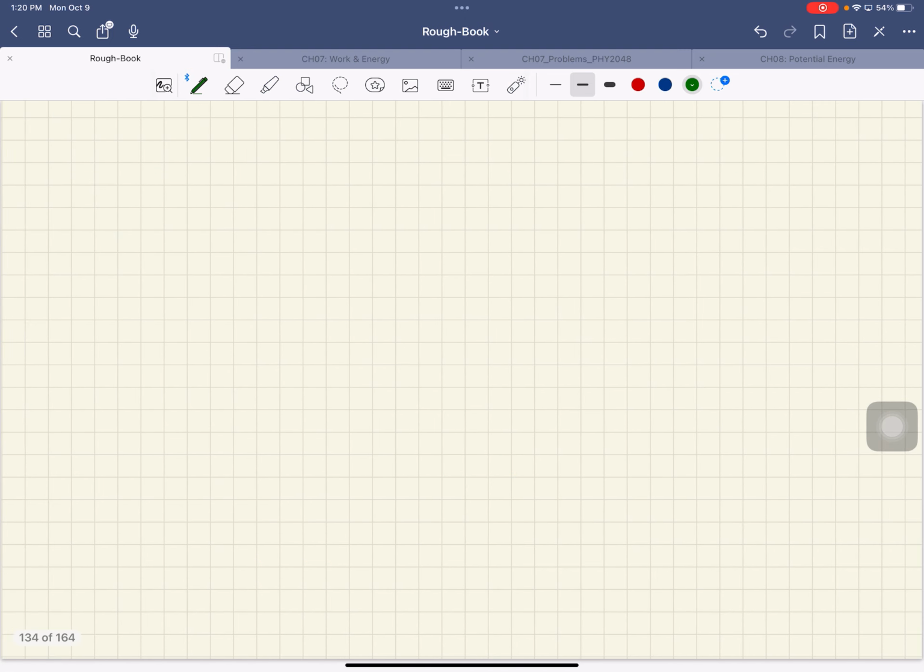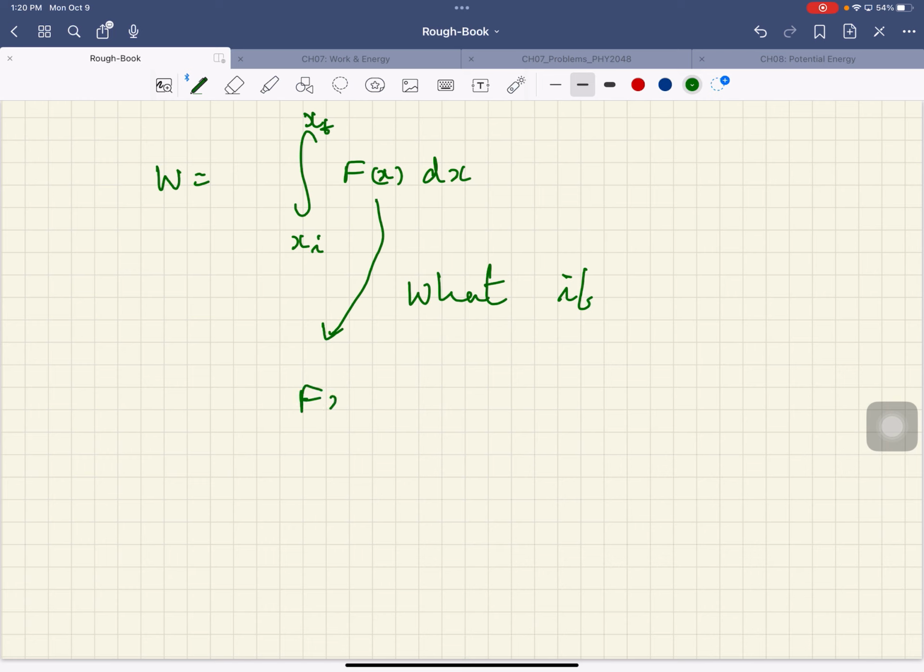All right, so the work done by a force is the integral of f(x) dx from x initial to x final. You understand that, right? What if f(x) is equal to du(x) by dx?